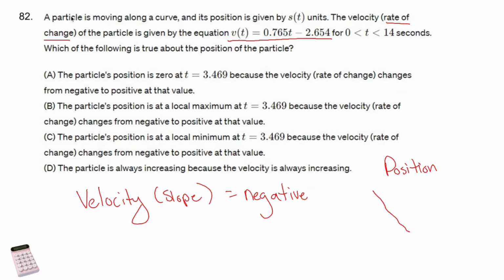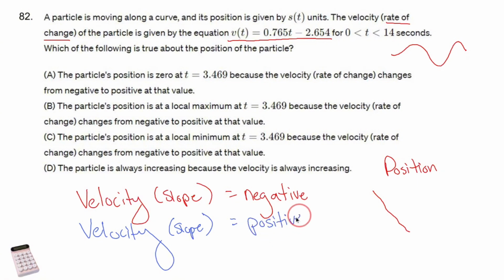Now, what that means with a particle is it can go up or down, we don't know. But if the velocity or the slope is negative, the position follows a negative slope, it's going down. If the velocity, also known as the slope, is positive, that means its position is following a positive slope, so it's going up.